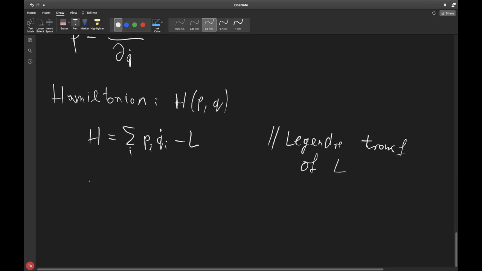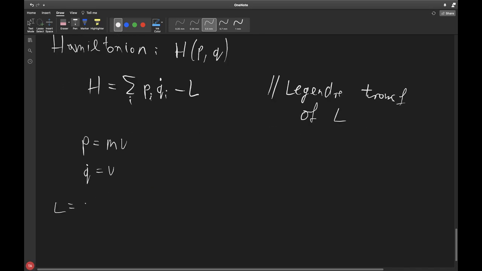Okay, so we could just think a bit about what this really means. In classical physics, p was defined to be m times v, and so q dot is v, and the L was the kinetic energy minus the potential energy. I was denoting the kinetic energy with uppercase T, where we calculate the kinetic energy by doing 1/2 times mv squared.